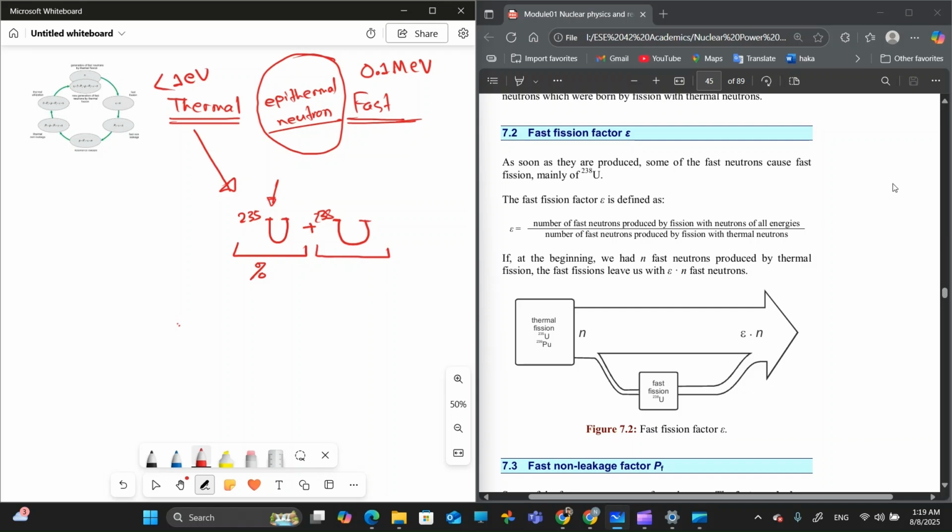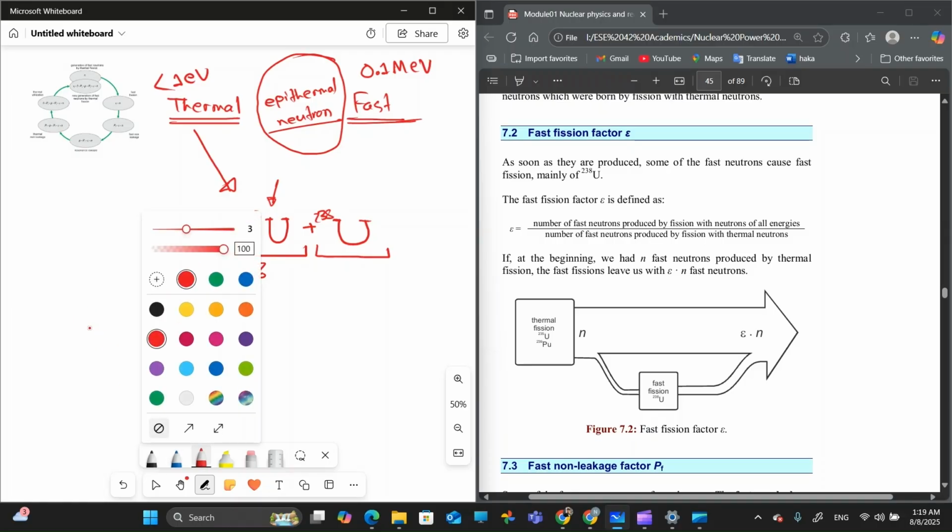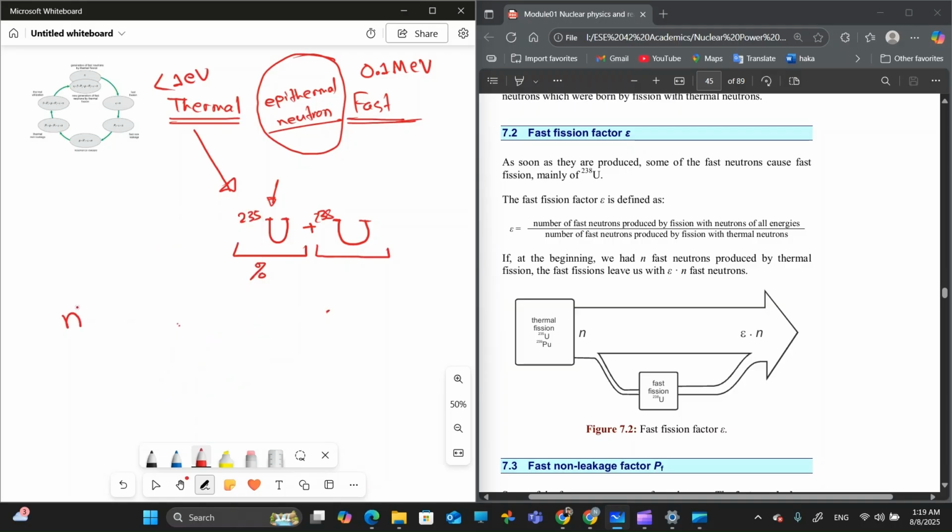Okay, so let's begin. Suppose in the beginning we have n number of fast neutrons. What happens when a thermal neutron reacts with uranium? It transforms into barium and krypton and 3 neutrons and some energy, and these 3 neutrons are fast neutrons.